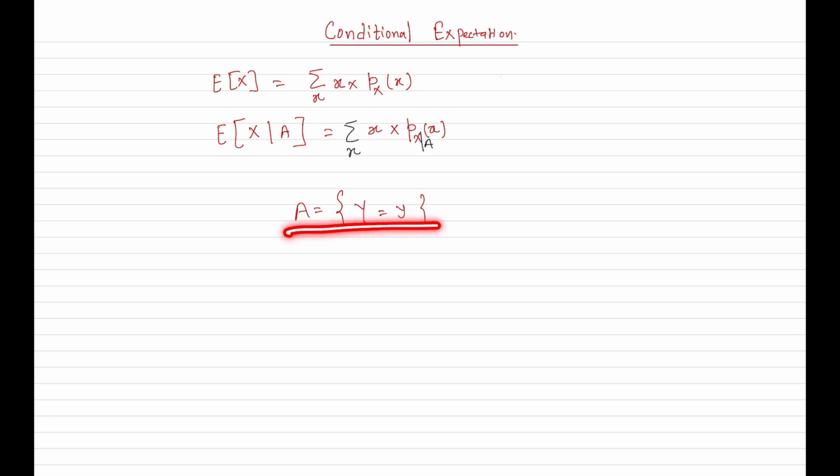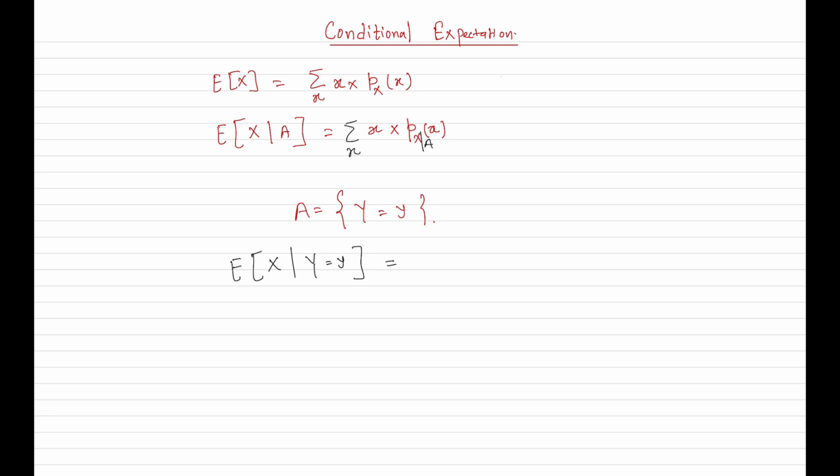Let's say this event has already occurred, or we are given this event that the random variable y is taking some value little y. Then we are interested in finding the expectation of the random variable x given that the random variable y has taken some value little y. You will see that there is nothing new here, it is just about the notation, but these notations are important, otherwise you will get confused about what we are talking about and what is happening here, right? So this is the conditional expectation.